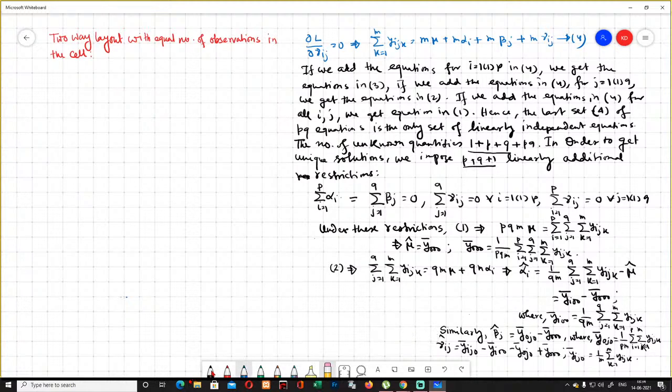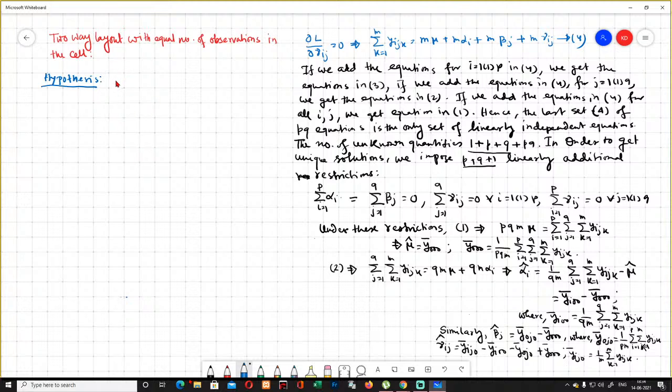So now the hypothesis we want to test means all alpha i equal to 0, all beta j equal to 0, and all gamma ij equal to 0.